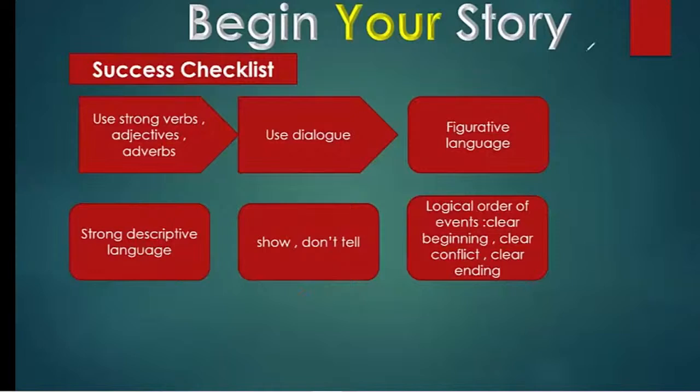As I told you, the success checklist is very necessary for you. I hope most of you captured the screen to check if your writing is successful by following the right techniques. Can you explain from the second one till the end? What is the second one? Oh, the dialogue.